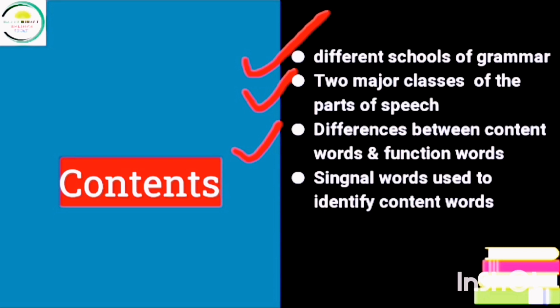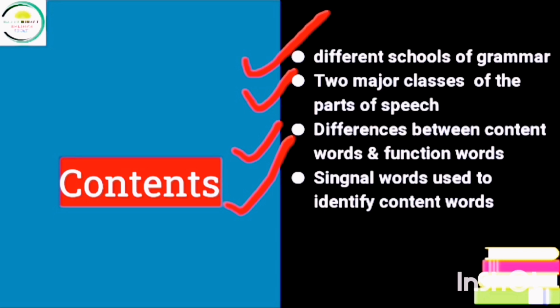And the last thing is signal words used to identify content words. So these 4 things we are going to discuss in this lecture. So be with me to understand the contents clearly.